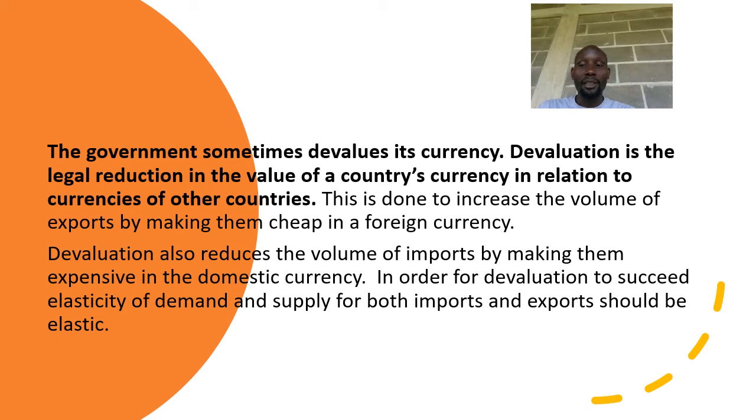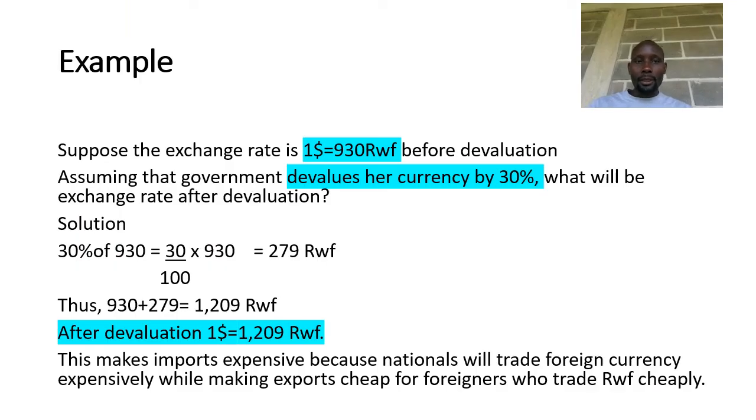However, if they are price inelastic, then devaluation becomes disastrous, because it will increase the cost of trading between that country and the rest of the world, because it will make imports very, very expensive, and it will not have significant improvement on the export earnings received from the sale of exports. Let's have an example on how we can calculate for devaluation.